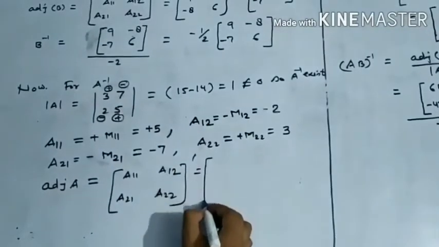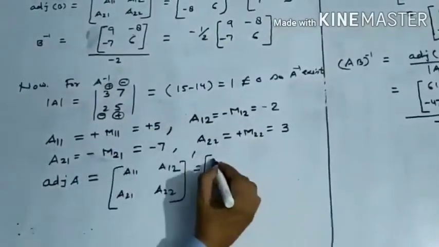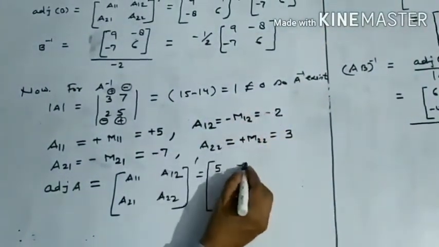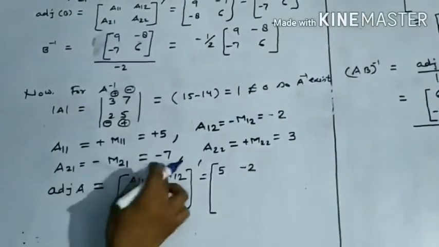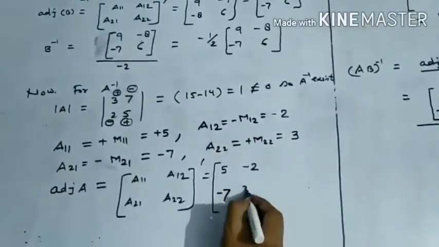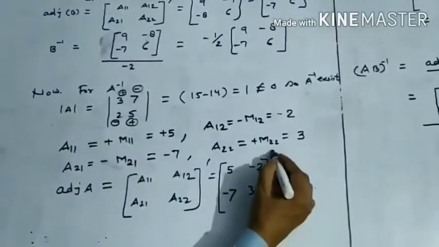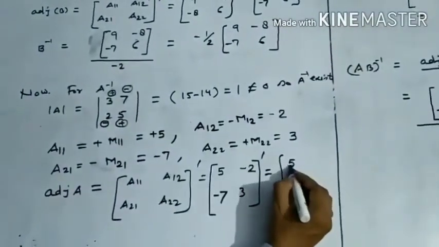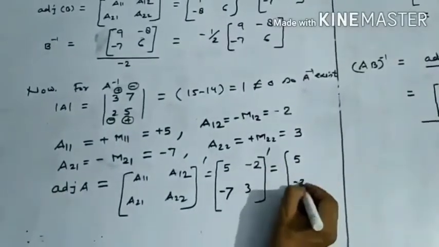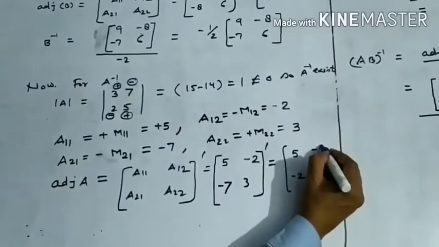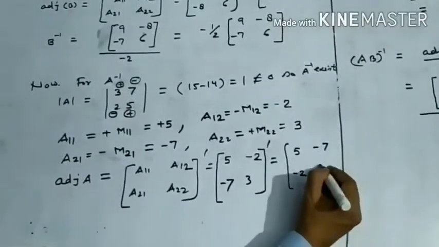This is equal to A11, which is 5, A12, which is minus 2, and then minus 7, and then 3, and then the transpose. This is equal to 5, then minus 2, and here minus 7, and then 3.